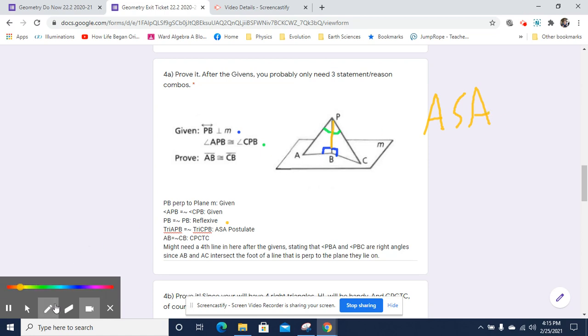Okay, and once we've done that, we can establish that AB is congruent to CB by CPCTC. And I'm leaning towards thinking maybe we needed a fourth line in there somewhere to communicate clearly that because PB is perpendicular to plane M, by definition, PB is perpendicular to AB and CB as well. Okay, so let's keep going.